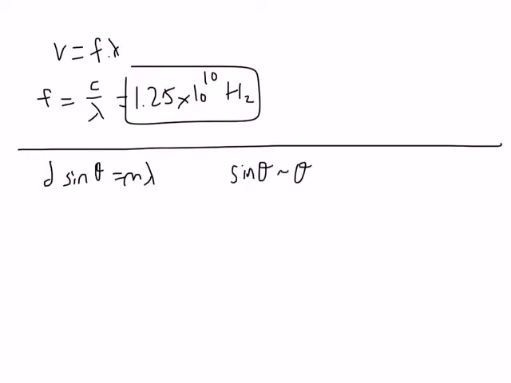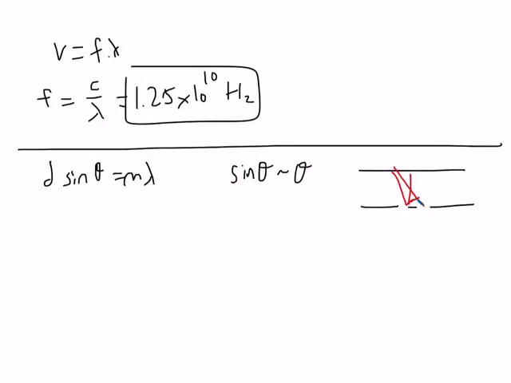And we are also going to use the small angle approximation and say that sine theta is about equal to theta. Right? And so if I redraw that screen, what we're talking about here is we have that, and that, and that. And one is that path length difference I'm going to color over in blue.